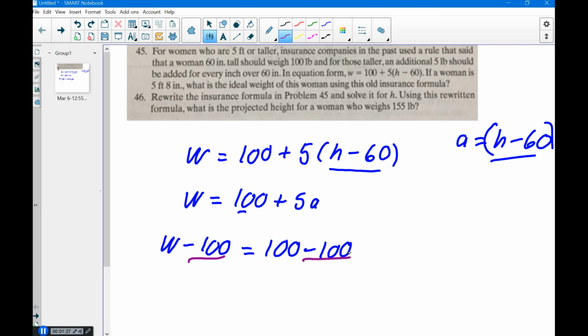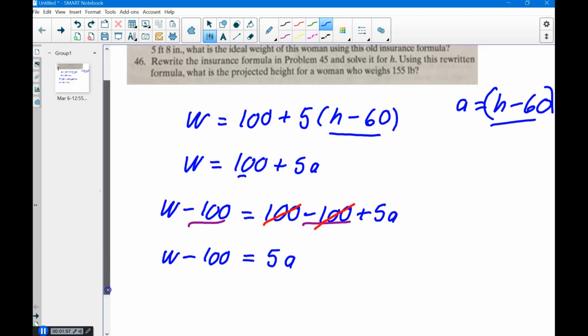By doing that, everything is balanced, everything is equal. So on the left-hand side, it just becomes W minus 100. On the right-hand side, 100 minus 100 cancels out, and I'm left with 5A.